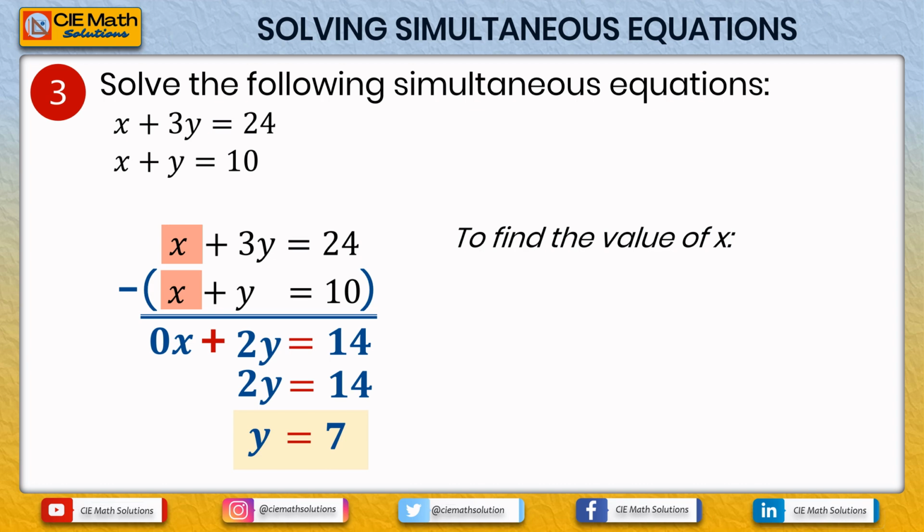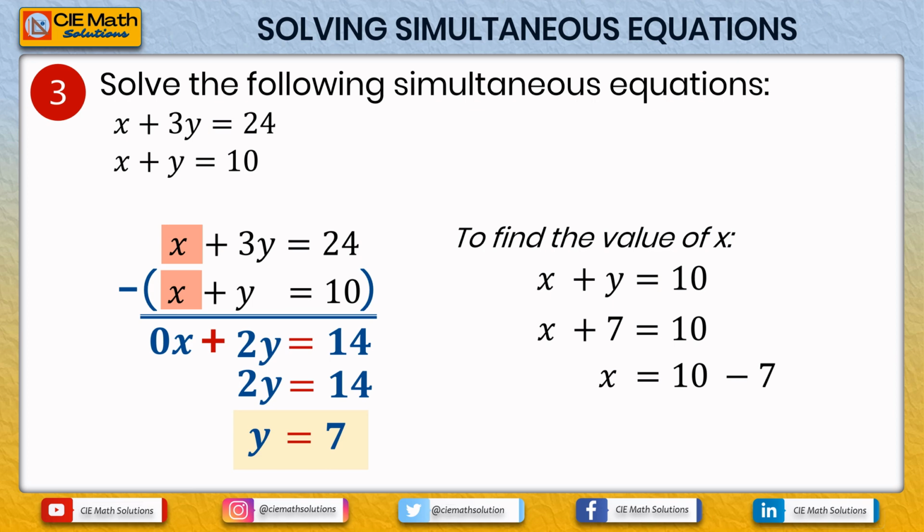In this case, the second equation is simpler, which is x plus y is equal to 10. Substitute 7 for y. That will give us x plus 7 equals 10. x then is 10 minus 7, which is now equal to 3. The solutions then to the simultaneous equations are x equals 3 and y equals 7.